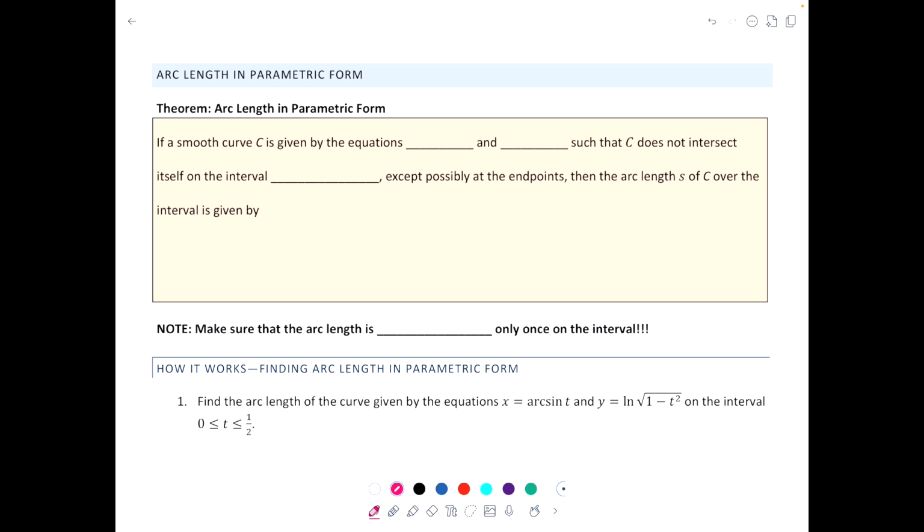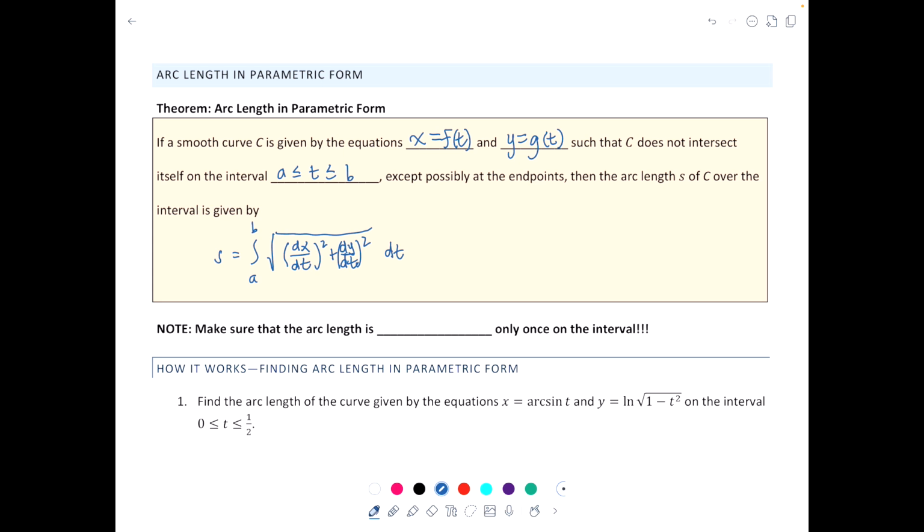So if a smooth curve C is given by the equations x equals some f of t and y equals some g of t, such that C does not intersect itself on the interval a less than or equal to t less than or equal to b, except possibly at the endpoints, then the arc length, lowercase s, of C over the interval is given by s equals the integral from a to b of the square root of (dx/dt) squared plus (dy/dt) squared, with respect to t.